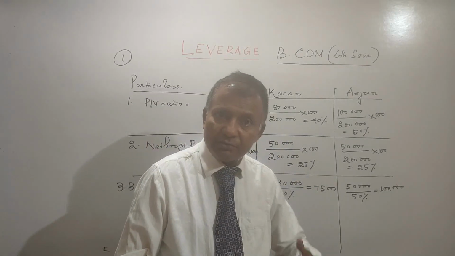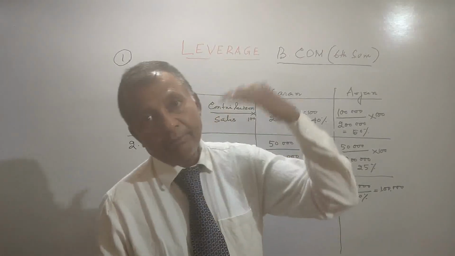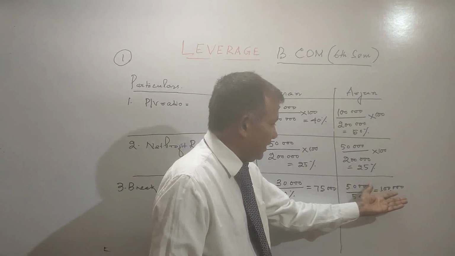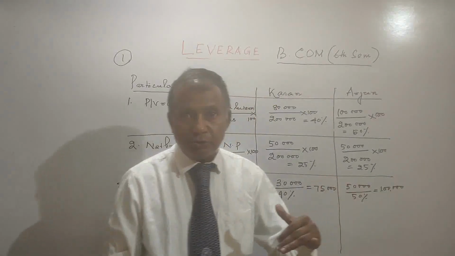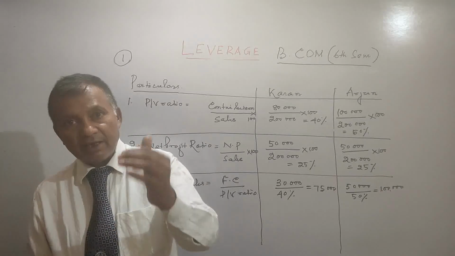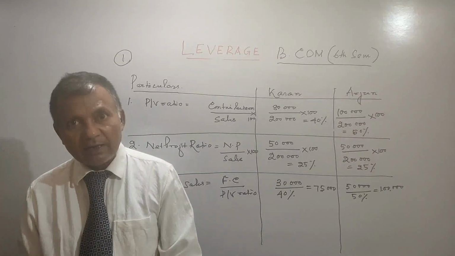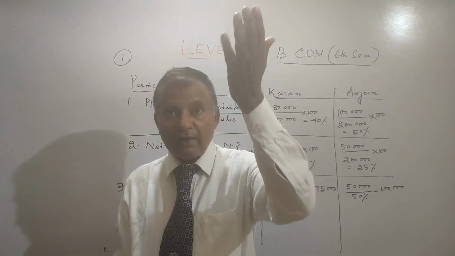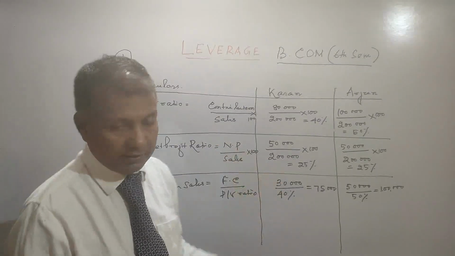Below 75,000 there is a loss, and above 75,000 there will be profit. Similarly, in case of Arjun, at 1 lakh there is no profit, no loss. If the sales is below 1 lakh, there is a loss. If the sales is above 1 lakh, there is a profit.